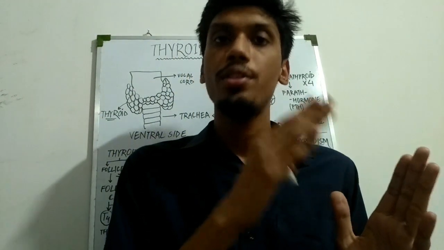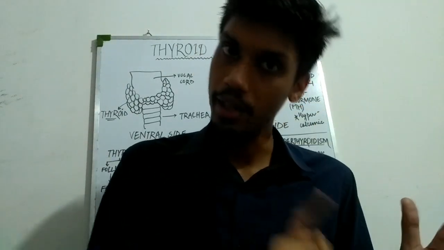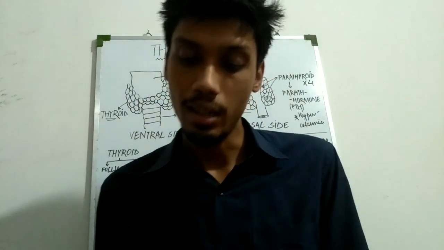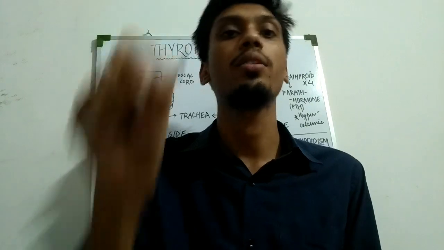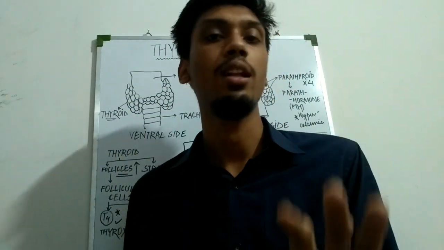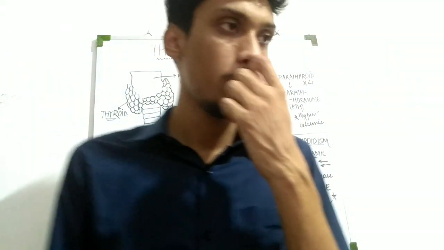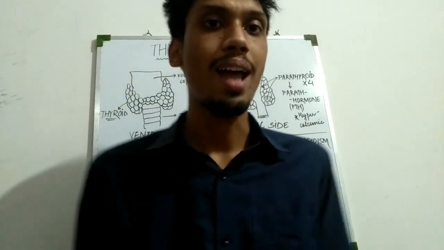The difference, I'll repeat. Simple goiter: deficiency of iodine, the iodine concentration gets lowered. In exophthalmic goiter, the concentration of thyroxine hormone rises. Also autoimmune, very important, and also known as Graves' disease. Now what happens in this?